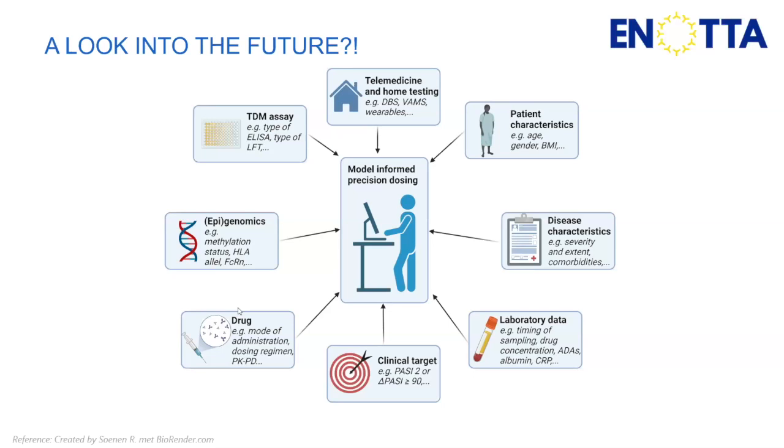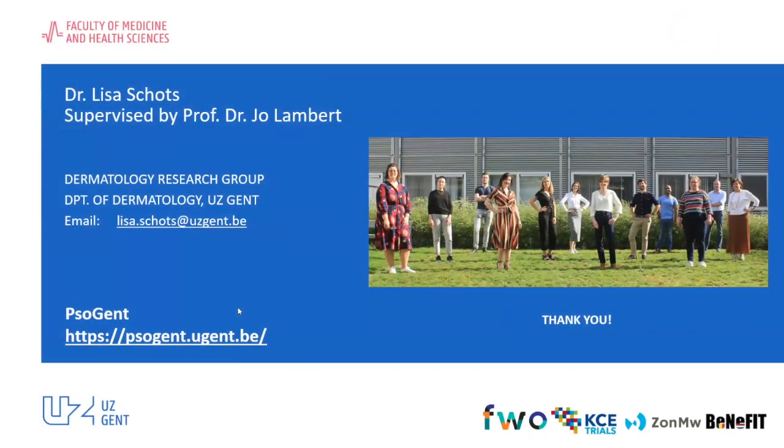So we have to work towards the model and perform precision dosing to really individualize dosing regimens of patients, pulling every piece of information into one program and then telling the patient how and when to administer his injections. I guess I'm at the end of my presentation. If there are any questions, please feel free to ask.